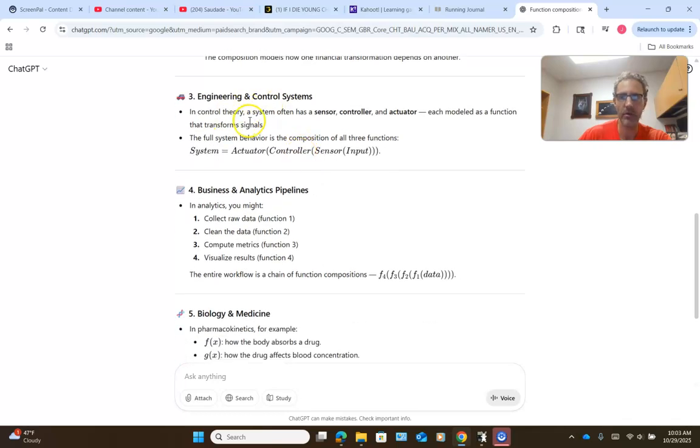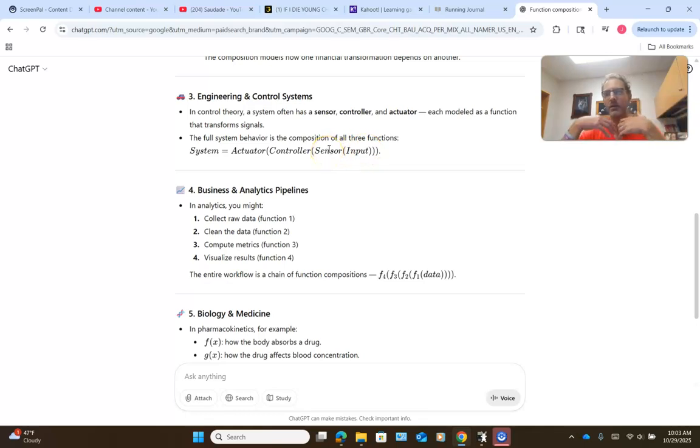Here's an example. Think about a car or some sort of mechanical system. How the system behaves is going to be equal to this series of functions, or this composition. Okay, you have input, and the sensor picks up the input.